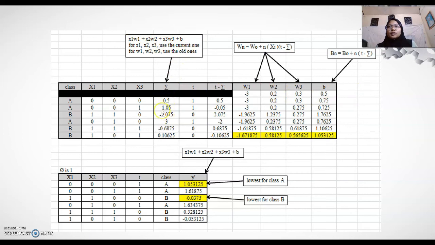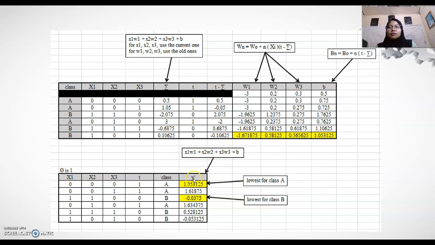For this value 1.05, we get it from this row: negative 3, 0.2, 0.3, 0.75, and the same goes for this column until the last one.